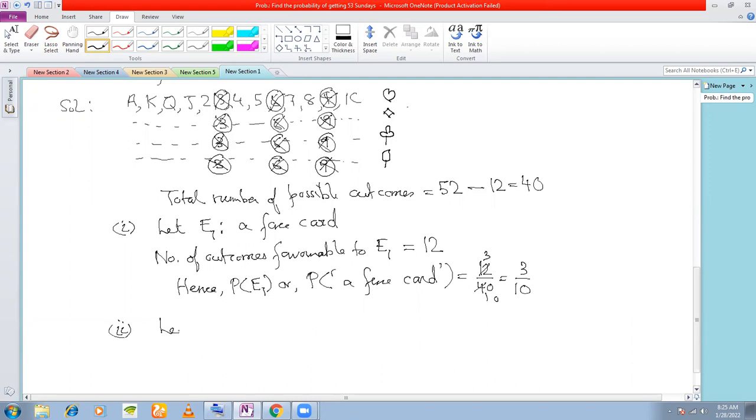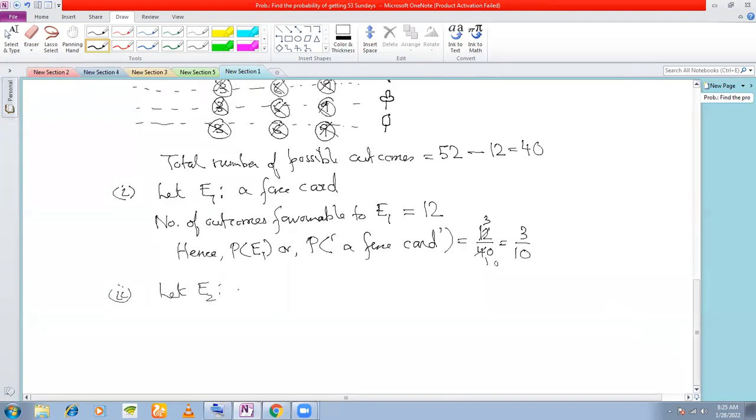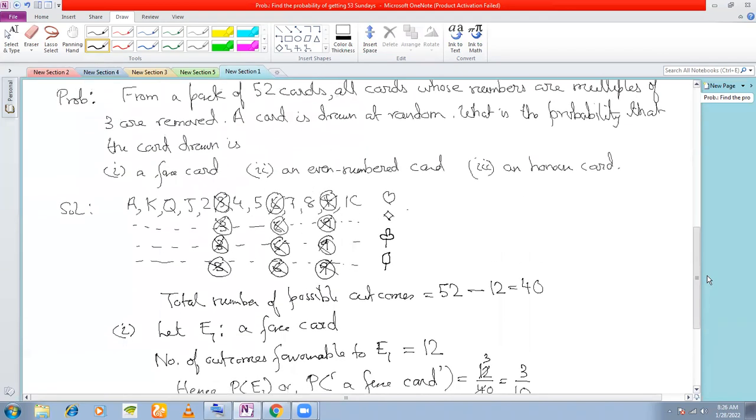Let us see the next question. We define our event E2: an even numbered card. The number of outcomes favorable to E2: how many even numbers are there in each suit?